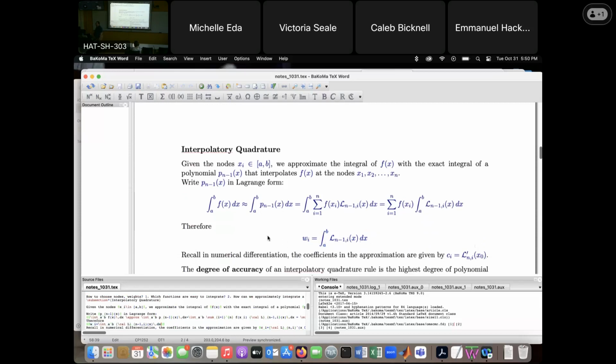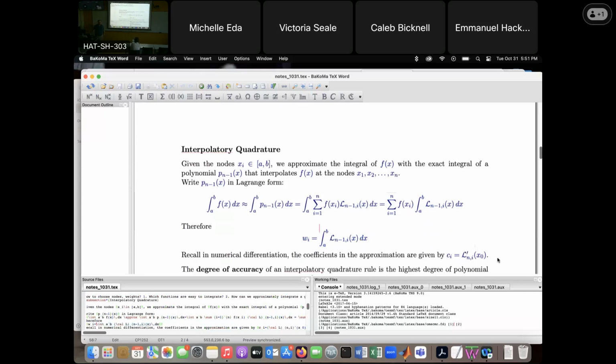And in both cases, we want an approximation that is a linear combination of values of your f. In both cases, the way you get the coefficients is you solve your original problem on the Lagrange polynomials. So for integration, we integrate the Lagrange polynomials. For the derivative at x naught, we take the derivative of Lagrange polynomials at x naught.